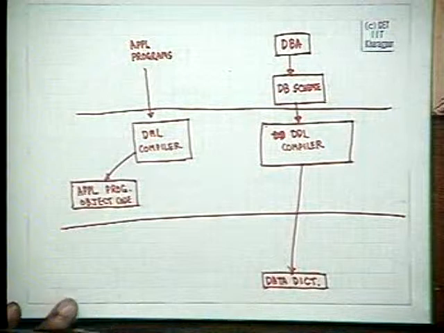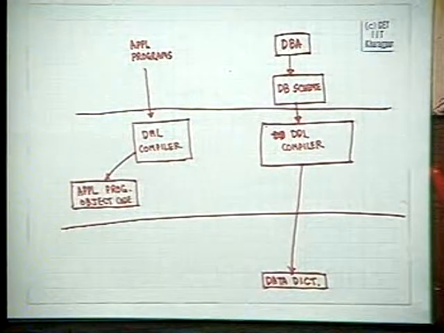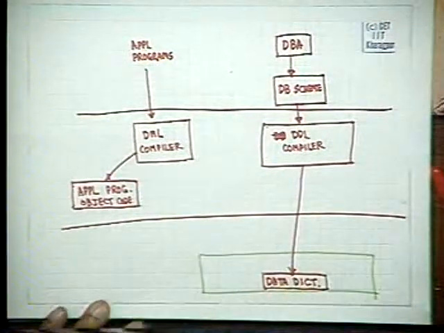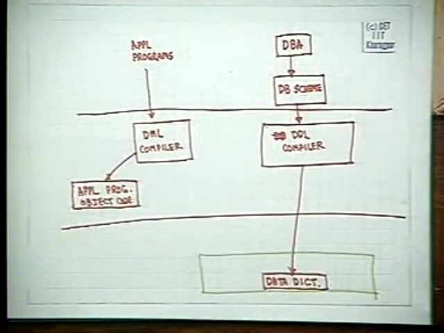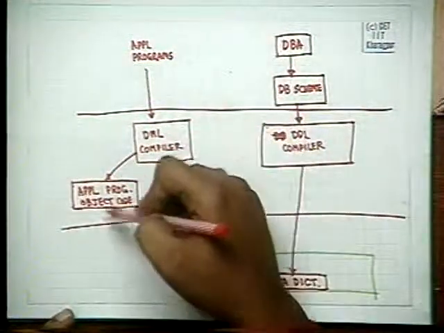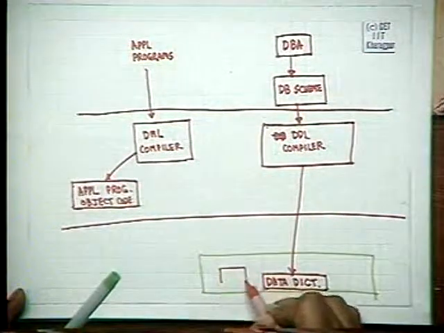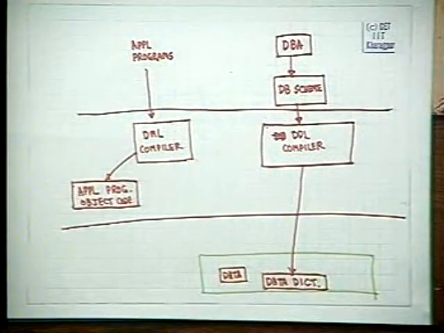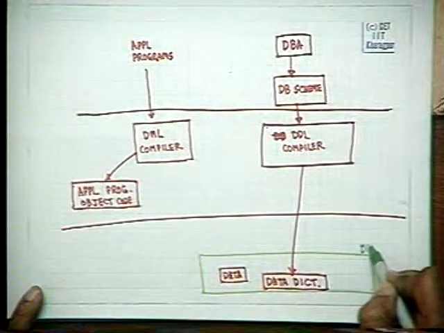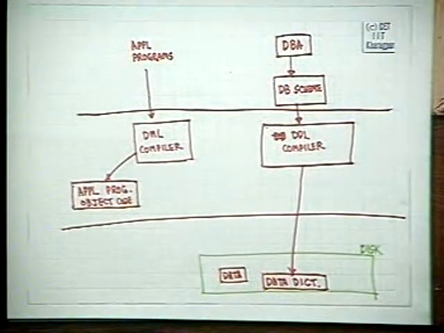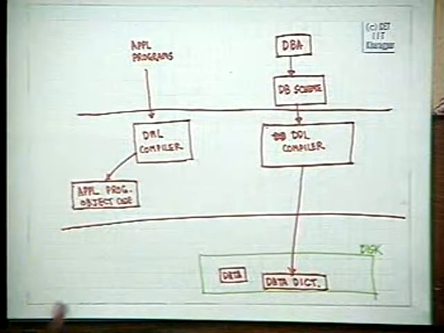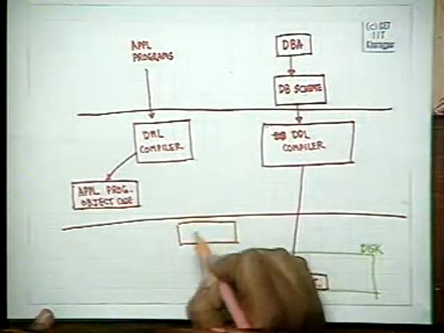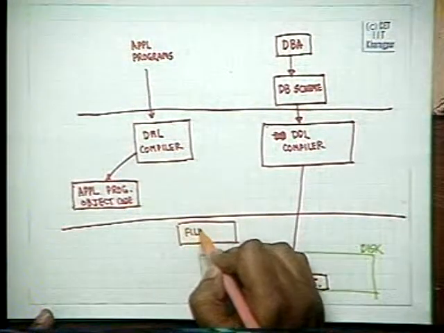Consider this to be your disk, and through time, through these application programs, you have already got some data files on the disk. The operating system usually provides you with what is called a file manager.